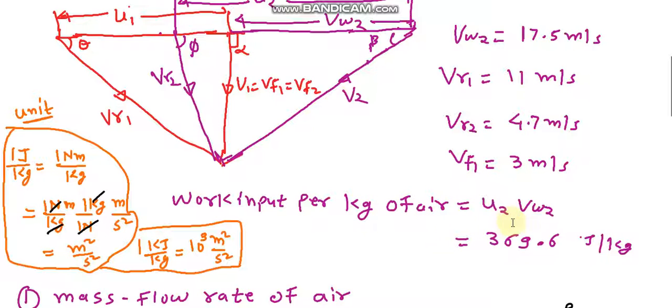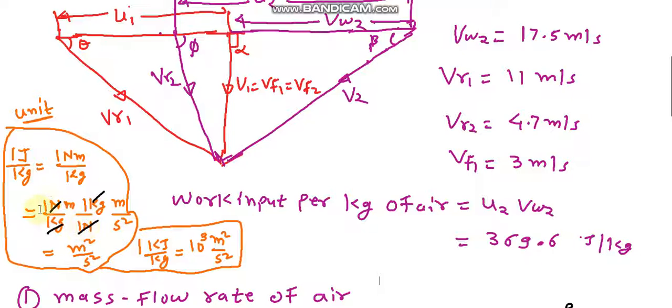Now this is meter per second. Look at the unit: 1 joule per kg. What is joule? Work, that is force times distance. 1 joule equals 1 Newton meter, so 1 joule per kg is 1 Newton meter divided by kg. 1 Newton equals mass into acceleration, that is kg meter per second square.